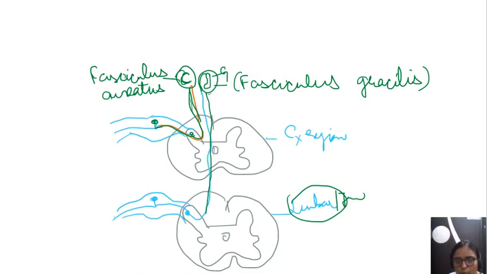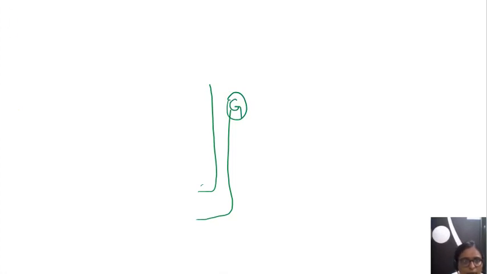Fine. Up to here it is clear. So I'll take one more slide to make you understand this and to make it more clear to you. So here I will draw only the sensations. Fine. If you see, these are the medial sensations, so these are called the gracilis, and if I take another pen, this is called the cuneatus.